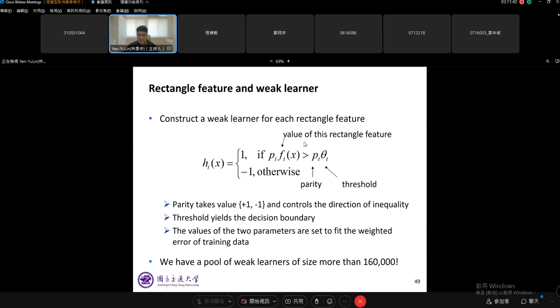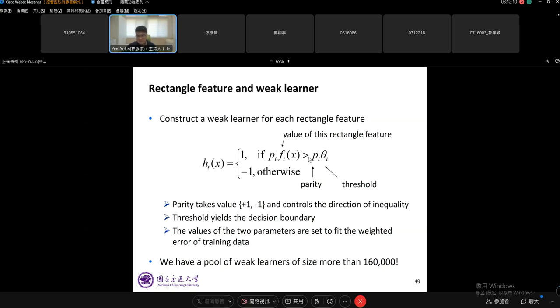By considering a threshold, we can use the threshold to separate the response into two decision regions. The first one is positive, and the second one is negative. So together with the threshold, a rectangle feature can be used to construct a weak learner.